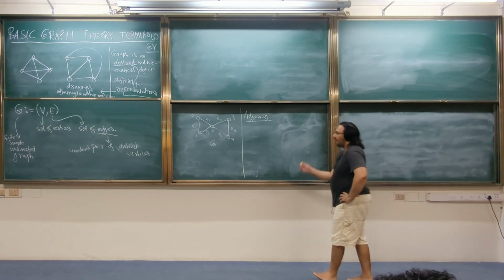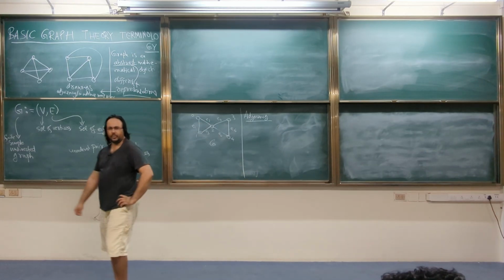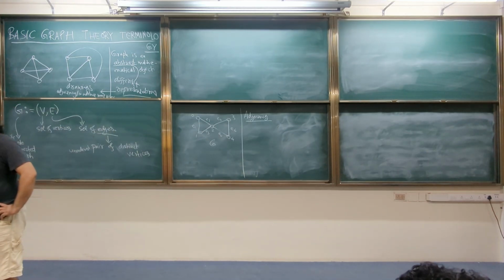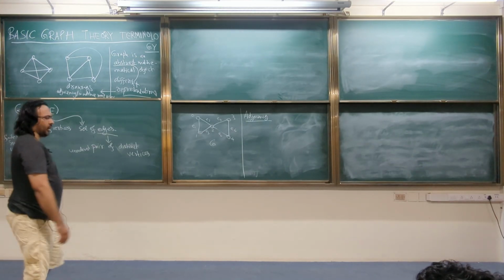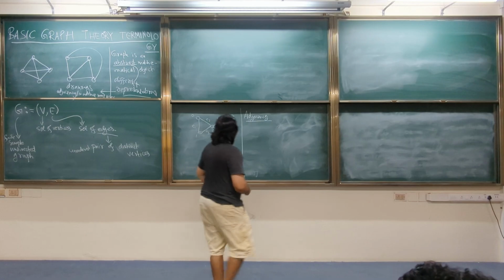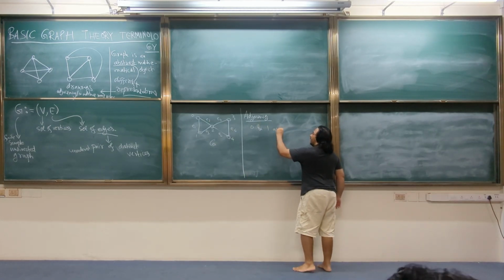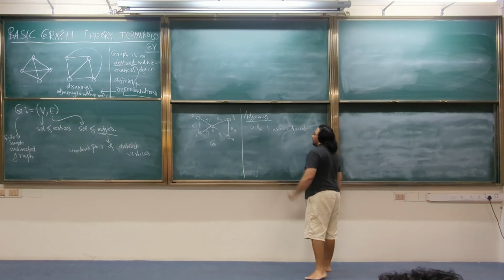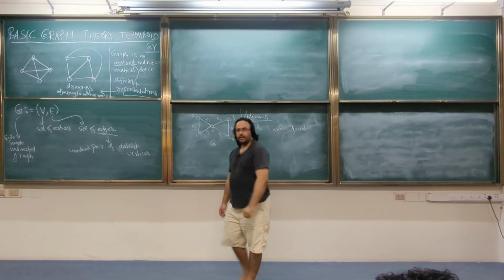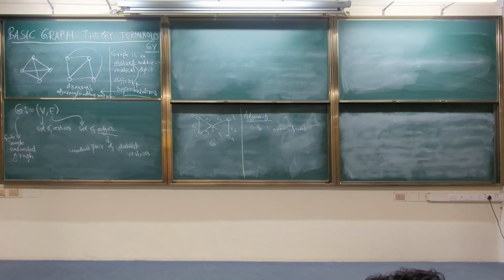So, can you give me a pair of vertices that you think are adjacent or should be called adjacent? Anybody? Yeah? 0 and 1 should be called adjacent. So we will call them adjacent. 0 and 1 are adjacent. And somebody else, give me a pair of vertices that you think should not be adjacent.